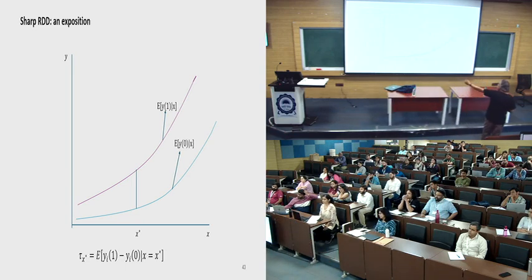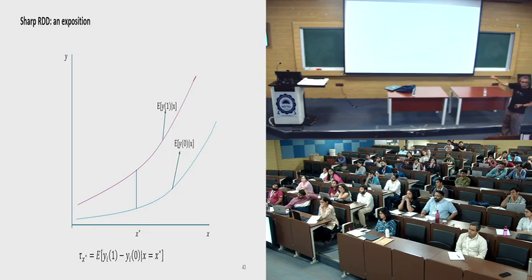And the way I then want to think of calculating the tau x star, or tau at the value of x star, is nothing but the difference between the two, assuming x takes the value of x star. Because when x takes the value of x star, W kicks in, takes the value of 1. Clear? Fine. If x is less than x star, then it is always equal to 0. So I don't need to take into account that.